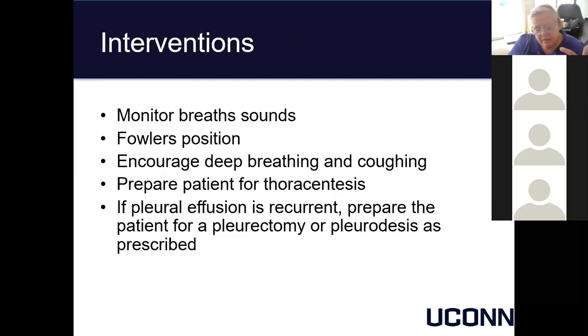Obviously, astute respiratory assessment is absolutely critical. Have them sitting up, encourage deep breathing and coughing. What's our best way to encourage deep breathing and coughing? You want to splint them with like a pillow or something. And how do we make a game of it?